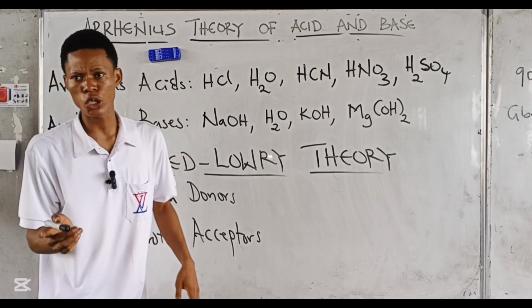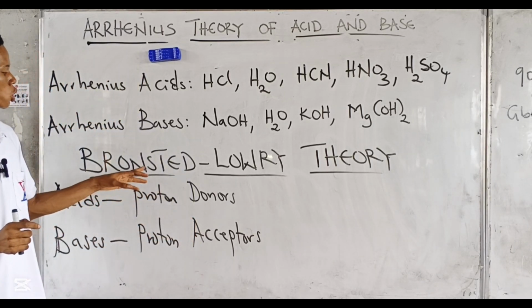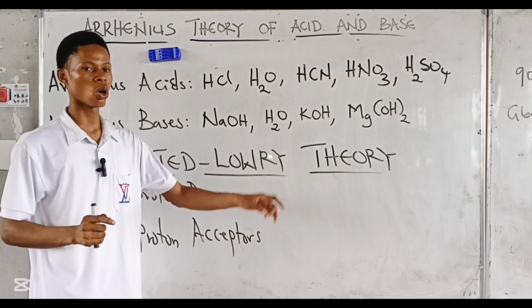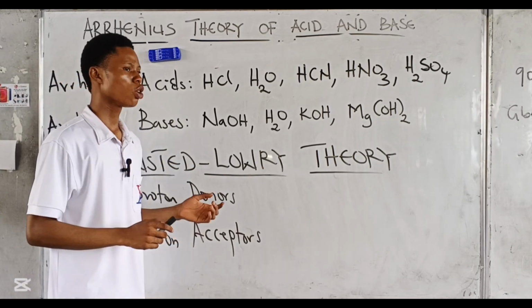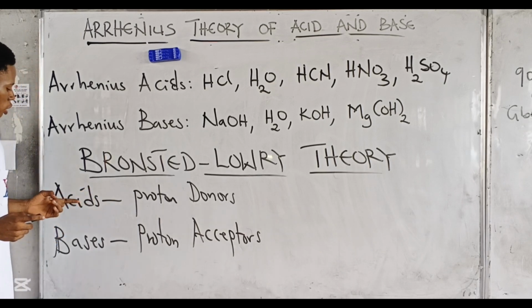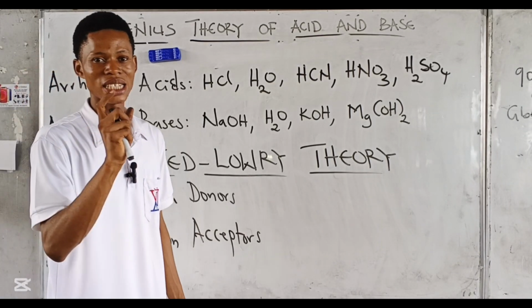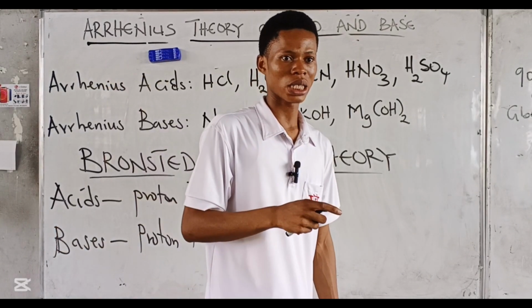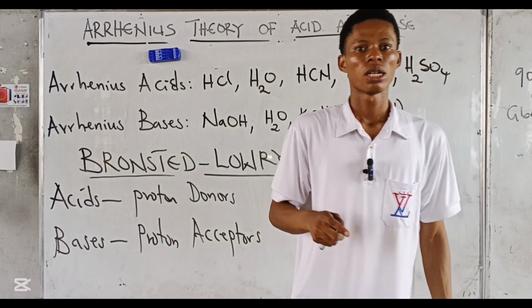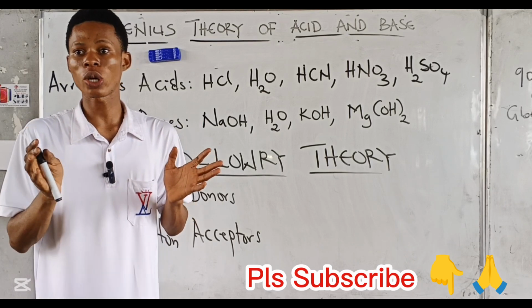Now, we have another theory of acids and base. The next theory of acid and base is the Bronsted-Lowry theory. The Bronsted-Lowry theory of acid states that an acid is any substance that can donate what? Protons, right?